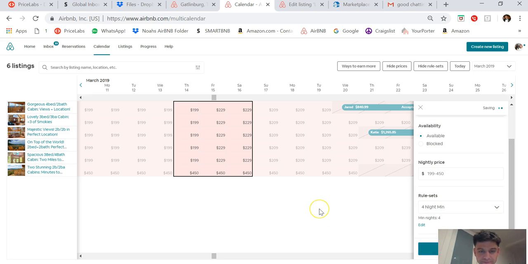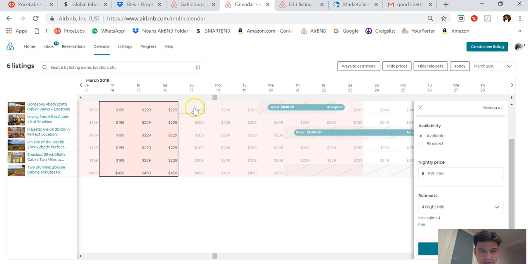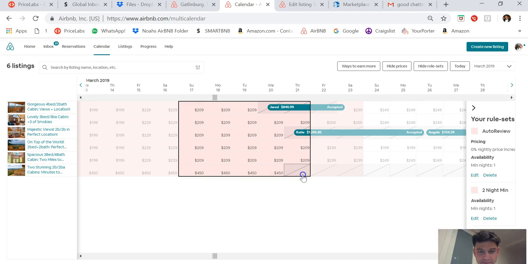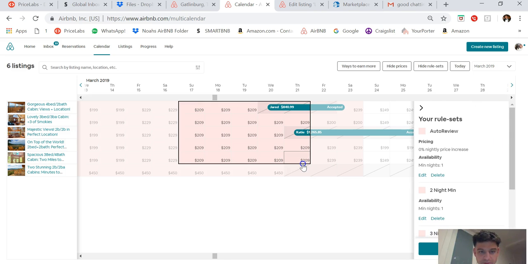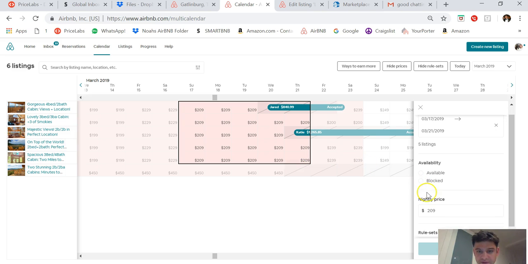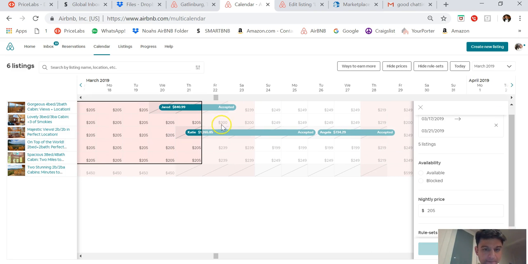And then Sunday through Thursday, we'll bring our price back down to, let's call it 199. Let's still be a little bit aggressive because we have time here. As long as we're getting greater than $200 a night, we're doing pretty well. We'll be happy with that in a week.